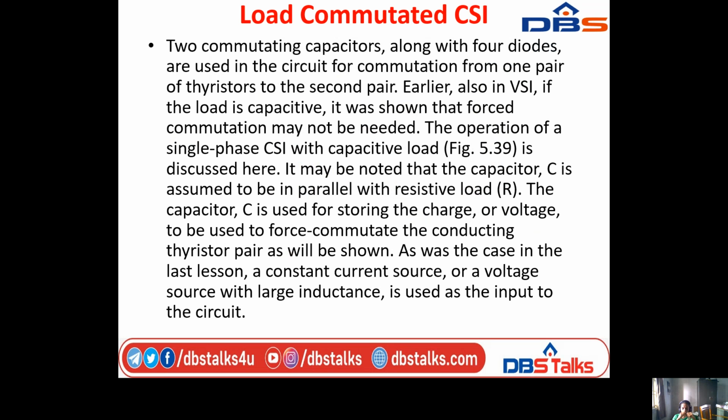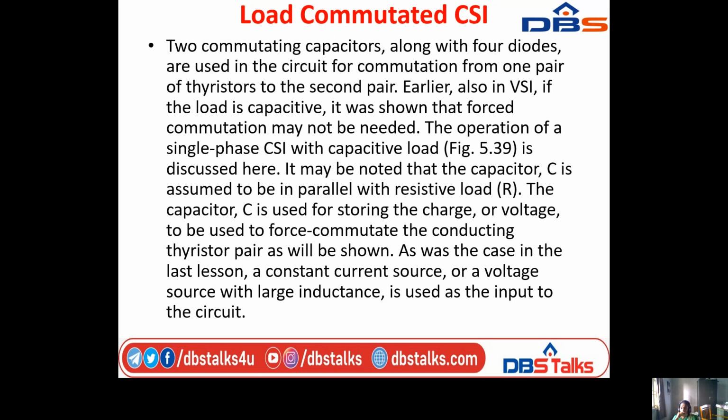Next, load commutated CSC. In the circuit, two commutating capacitors along with four diodes are used for commutation. Four diodes and two thyristors are used for commutation from one pair of thyristors to the second pair.